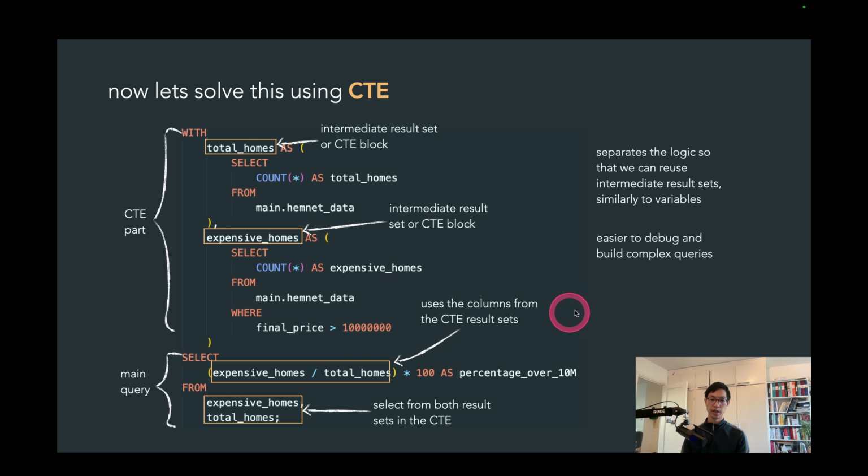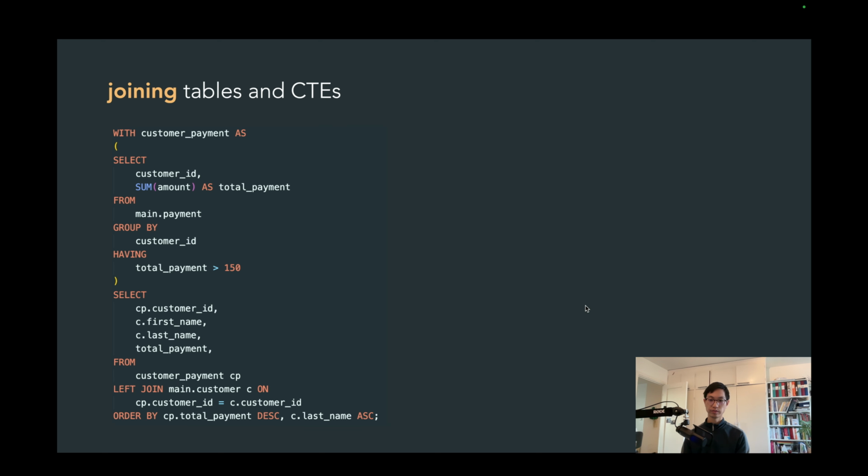It's easier to debug and build complex queries. Here's another example where we're joining tables and CTEs. We use the Sakila database, and here we do a left join. So the join is outside of the CTE now. Look at here. We have the CTE part with the WITH statement, right? With, and we create a CTE where we pick out the customer ID and the sum of the amount, so the total payment.